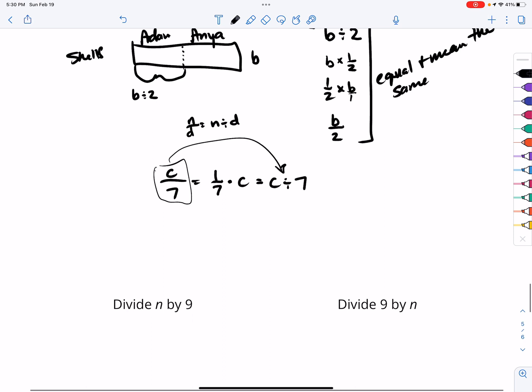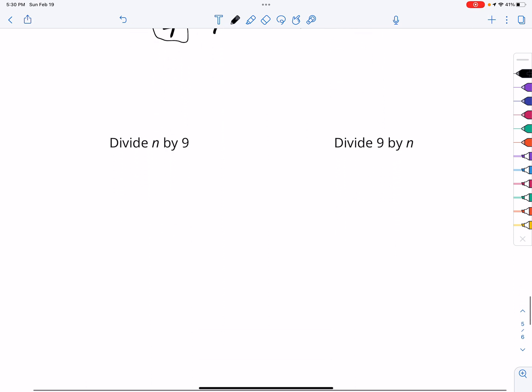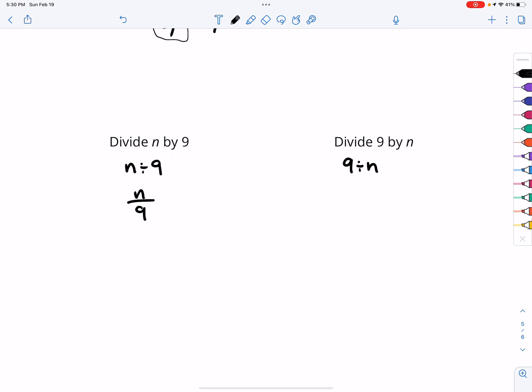interchangeably. So if we're looking here at divide n by 9, that means I am taking n and dividing it by 9. So that is the same as n over 9, another way of writing that. Now dividing 9 by n, 9 divided by n is equivalent to 9 over n.